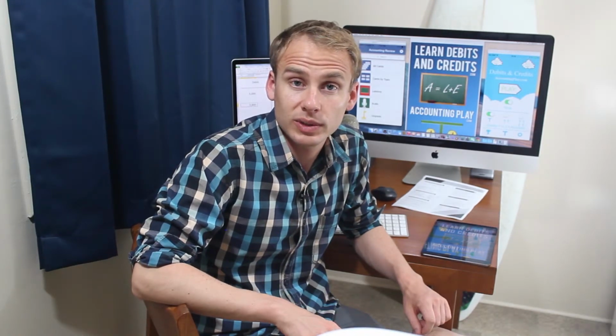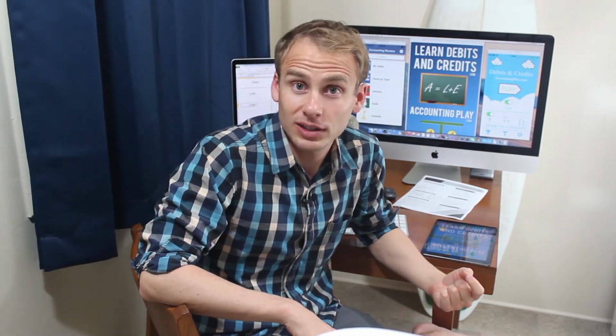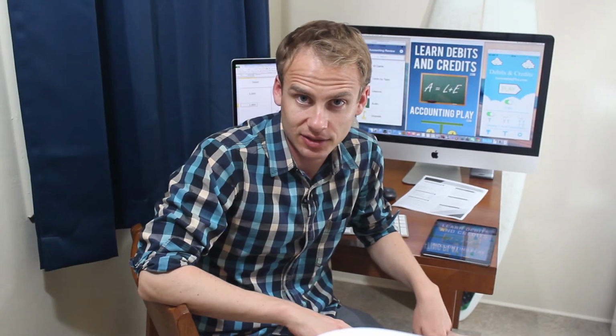Memorize this. Common stock increases with the credit. Credit common stock up, credit common stock up. Now, when we go to retained earnings, it's possible it will be on both sides of the T account. So, when you have a profit, credit retained earnings.